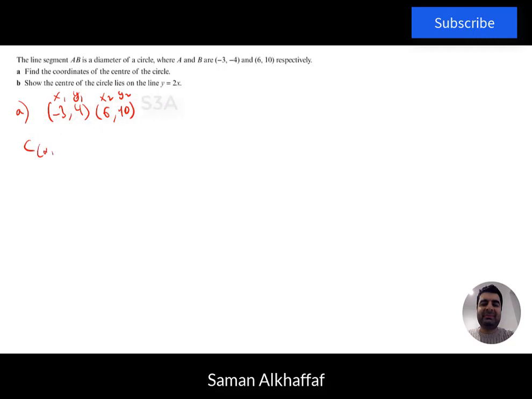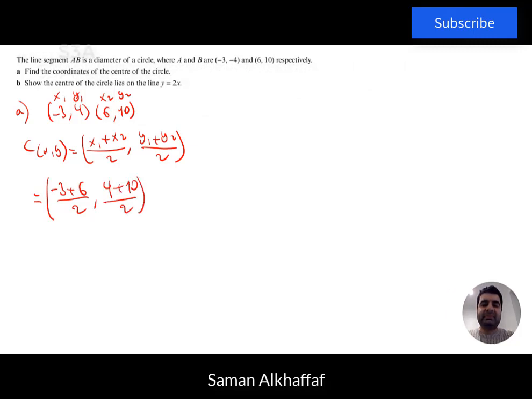So the center (x, y) will be x1 plus x2 over 2 and y1 plus y2 over 2. That will give us minus 3 plus 6 over 2, and we also have 4 plus 10 over 2.